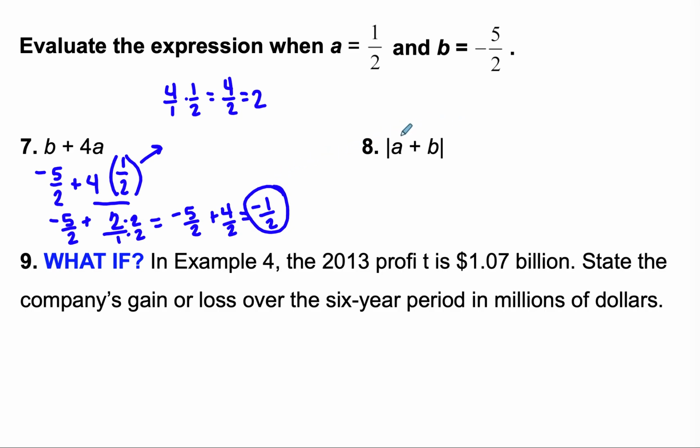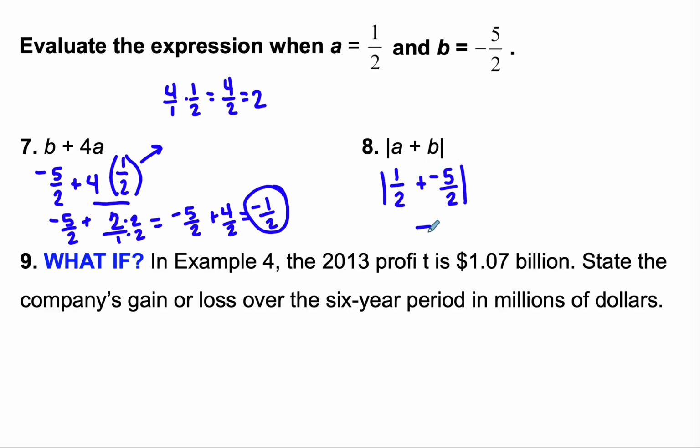All right, let's look at this next one, the absolute value of A plus B. Remember, absolute value works like a grouping symbol, like parentheses. So you always do whatever is inside the absolute value bars first. Then you find the absolute value. So here I have 1/2 plus -5/2. I already have a common denominator, so that's nice.